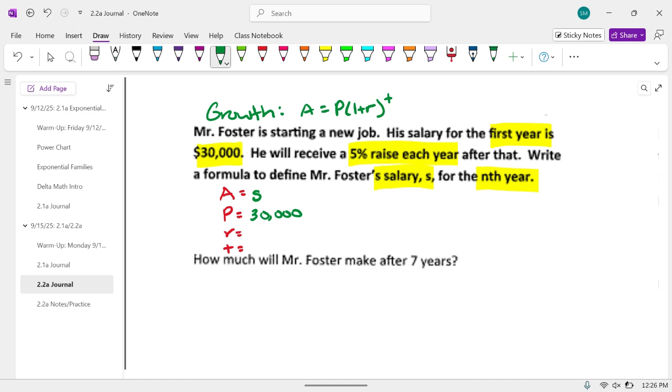If you don't remember how to do that, just do 5 divided by 100 in your calculator. So 0.05. And again, it's because we wanted this as a decimal. Then lastly, what am I going to plug in for T, which is the time? What do they want us to replace it with? N, because it's talking about the nth year. That means instead of T, we're just going to write N.